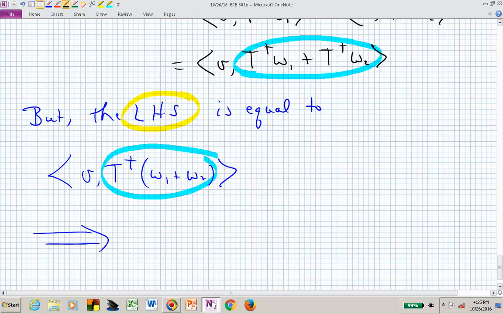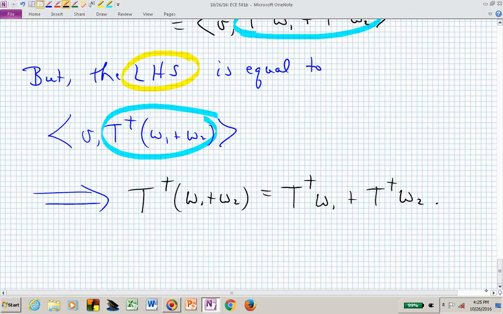V is in the first slot in both, and now I can say that T dagger applied to the sum of W1 plus W2 must equal T dagger W1 plus T dagger W2. And does that look like an additivity property? Yes, so we've shown that the adjoint does enjoy an additivity property.